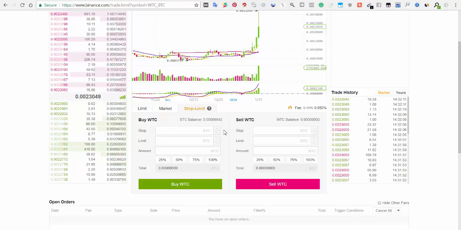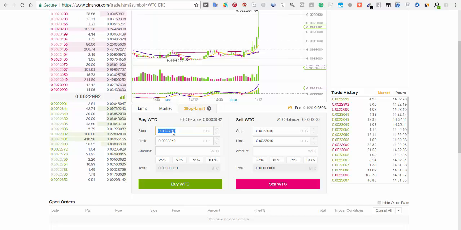Now, if you want to buy, let's say for instance, the lowest price here is this. Okay, now at this point, this is the stop. So anything above this, you are not going to buy. All right. Now, once you've done this, you want to make sure the limit should be lower than the stop. Okay, so you want to have something like, let's say, 2.299.